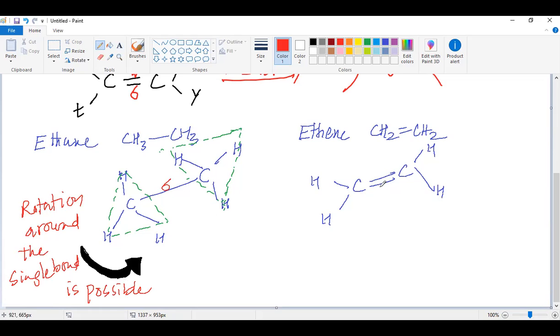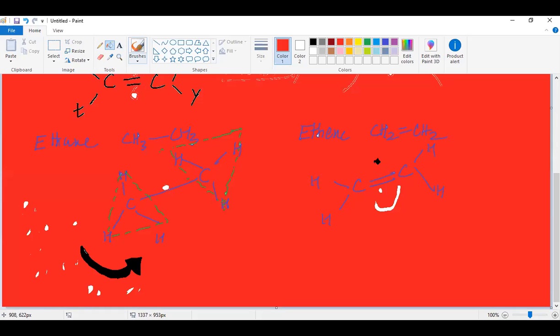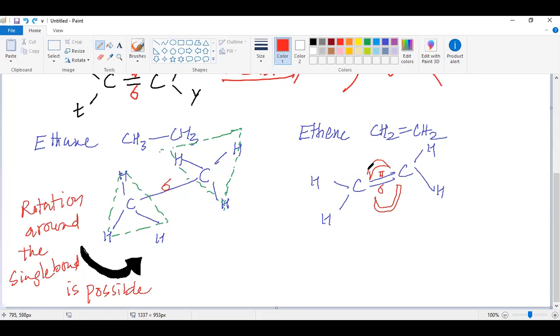But here you can see that we have a sigma bond and we have a pi bond. The cloud of this pi bond is available above and under the sigma bond. That is what we are well aware of. This cloud is completely formed above and under this plane.